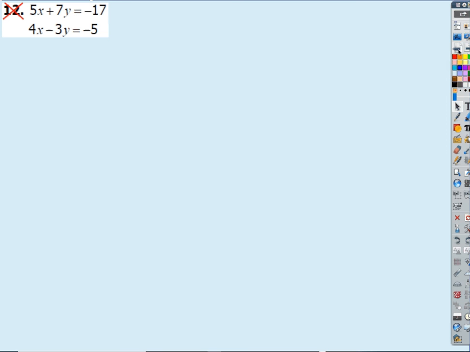Is there a variable there that's easy to isolate? No. No matter which one you pick, like if I just arbitrarily, maybe we'd say, well, at least that one looks the easiest. It's got the smallest coefficient. If I want to isolate that y, I'd have to subtract 4x and then divide everything by -3. I'm going to get fractions, right? I don't want to be substituting with fractions. So that's one we would not use substitution on. We'd move on to plan B and use elimination.